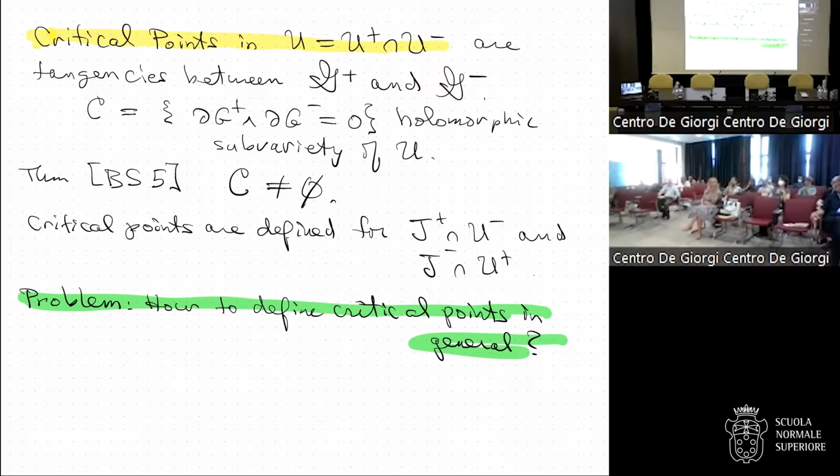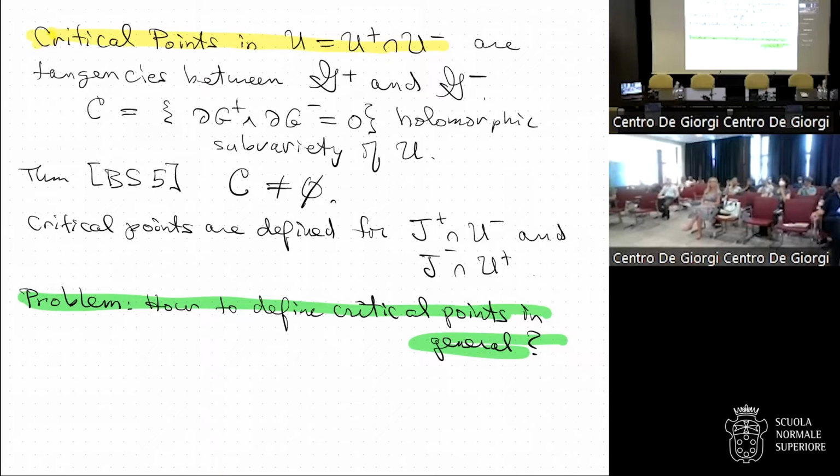And so I would say there's a problem. How would you describe critical points in general? So you have complex Henon mappings. There are a couple of regions associated with that where you know exactly what the critical points are and should be. But then for the rest, it's open.